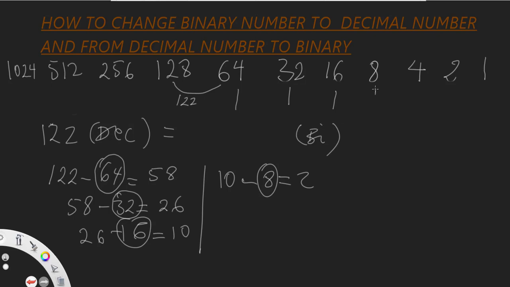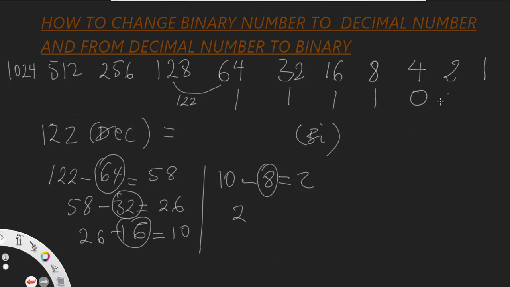So we put 1 there, okay? Now we have a 2 that remains here. There is no 4, because 2 is this number. So we put 0 because there is no 4.